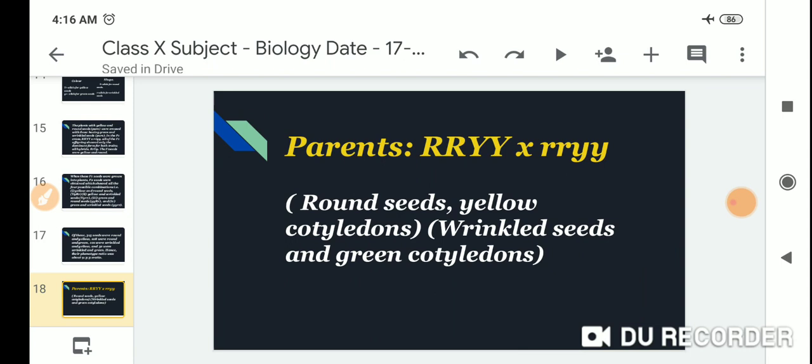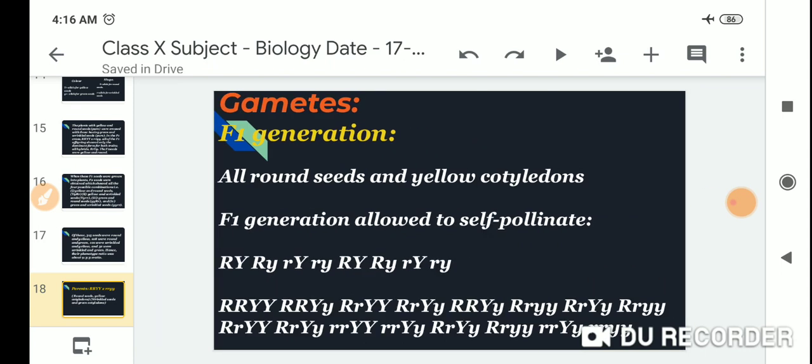So, parents are capital R capital Y crossing over to small r small y: round yellow seeds and wrinkled green cotyledons. The gametes of the F1 generation, all round seeds and yellow cotyledons, and the F1 generation is allowed to self-pollinate.